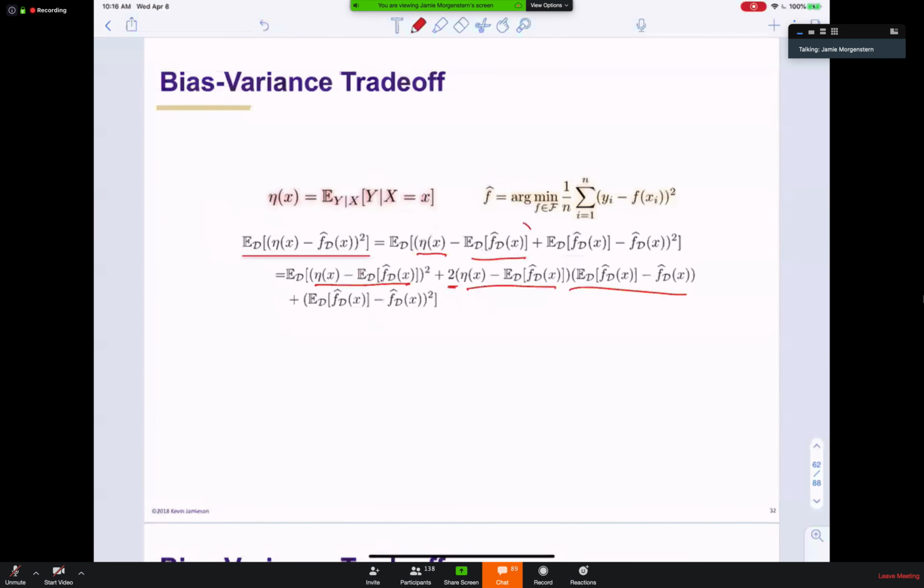So if we call this a and this b, then we get a squared plus 2ab plus b squared again. Completing the square is a pretty standard technique for moving from one expression in terms of expectation of squared error to another, and it's often very helpful in looking at different interpretations. We're not doing anything particularly fancy here. We're just manipulating this learning error into a format that gives us more intuition as to its components.